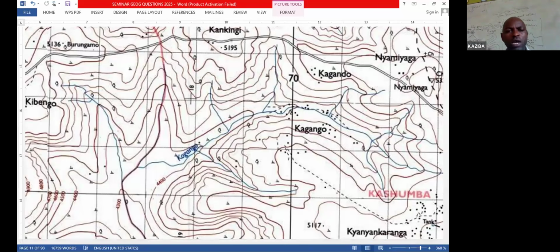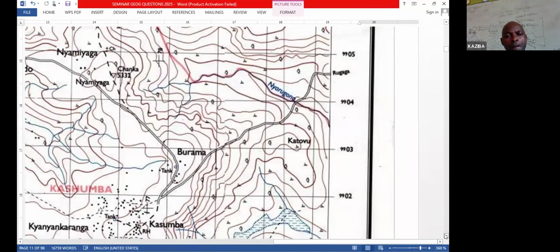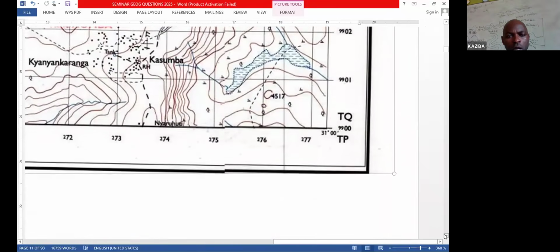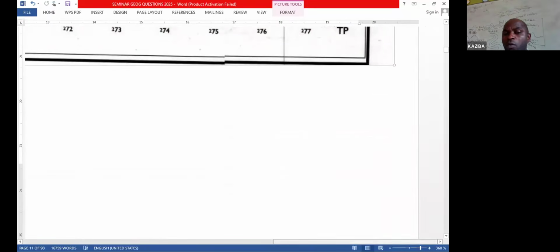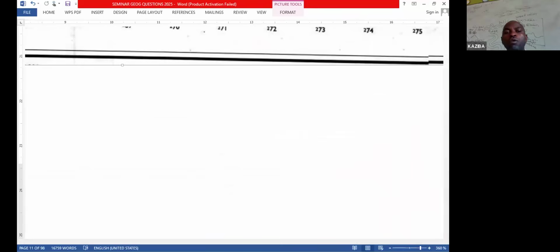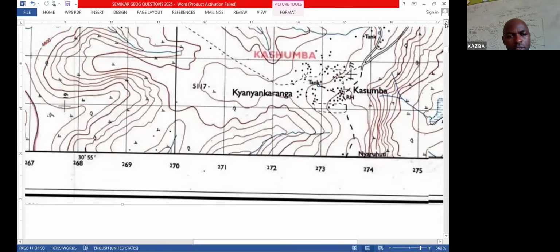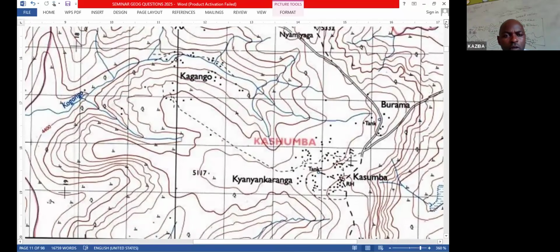Now, relief and vegetation: you go to the key of the map. You have forests, scrub, bamboo, plantation. When you look at that map, you just look at the relief features. You see the contours. I'm seeing different types of vegetation.